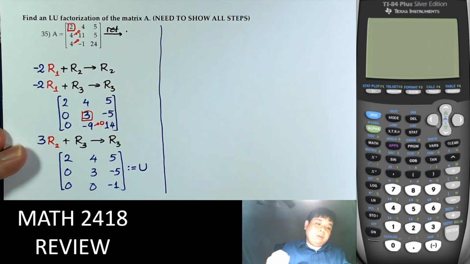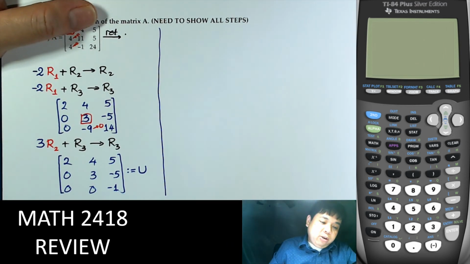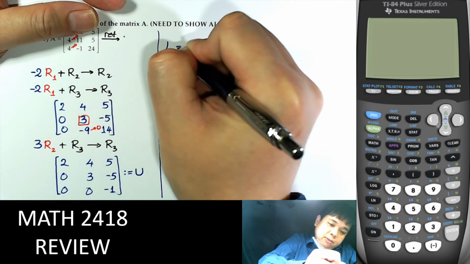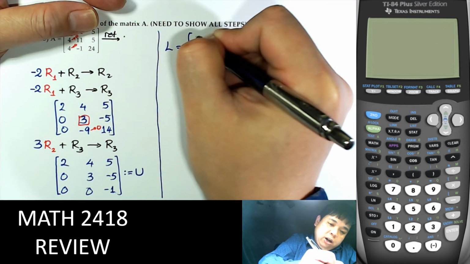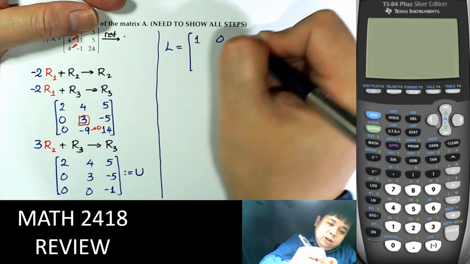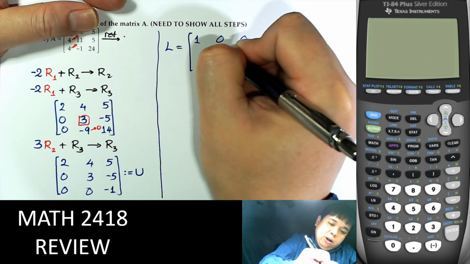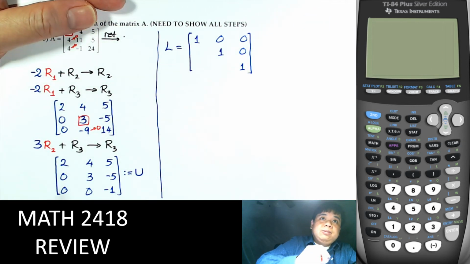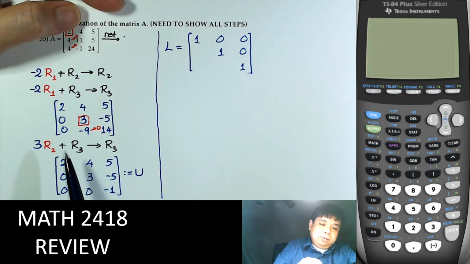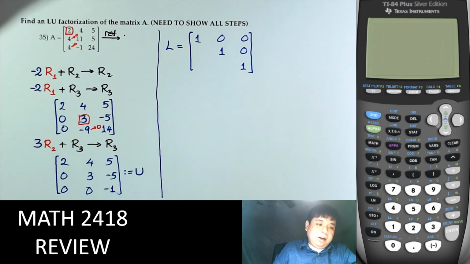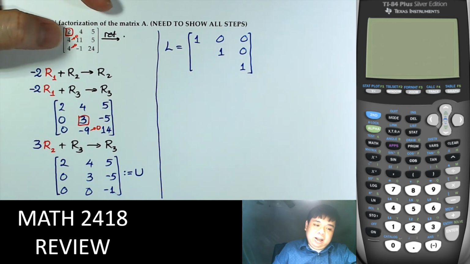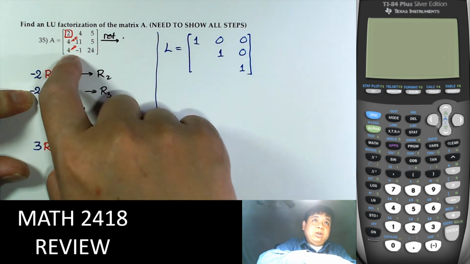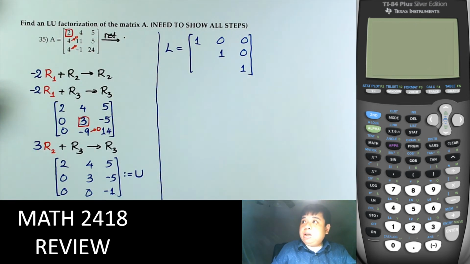So how do we find the matrix L? The matrix L is going to be the lower matrix, where we have 1 on the diagonal. And then remember those numbers that we used to eliminate the entry in the first column, we're going to use the opposite of that.